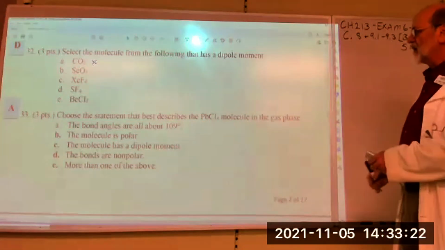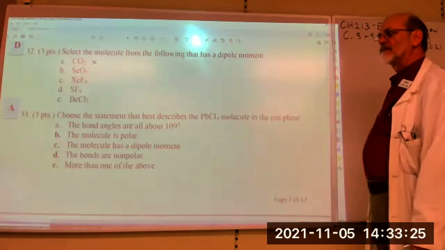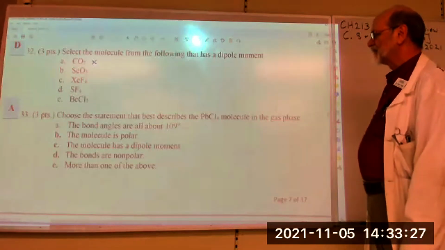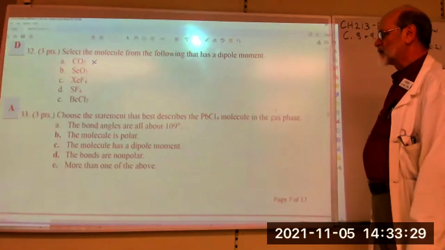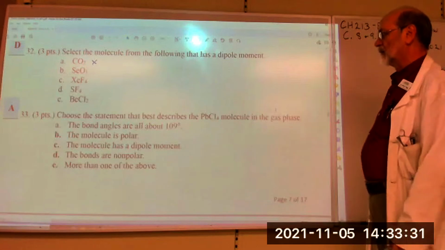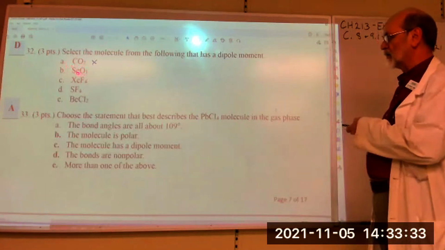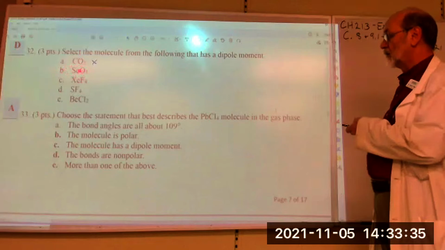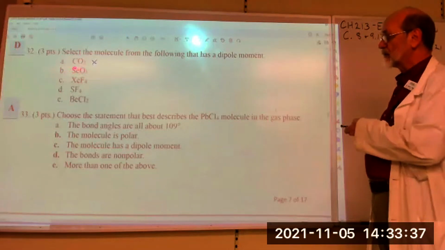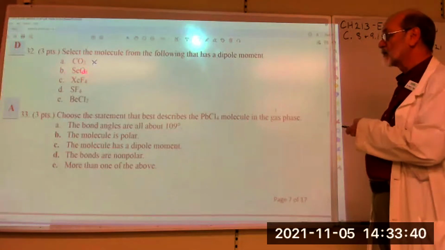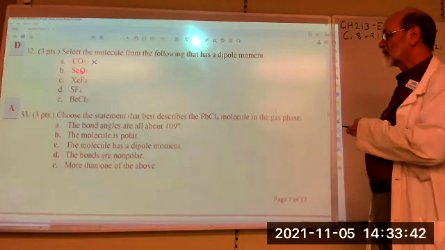And SeO3, selenium. I think that's trigonal planar because selenium has 2 lone pairs on it also. Or, no, maybe it doesn't. Selenium is 6. 4 times 6 is 24.